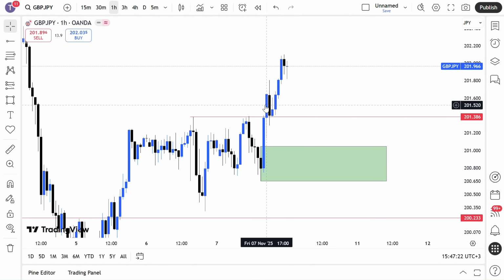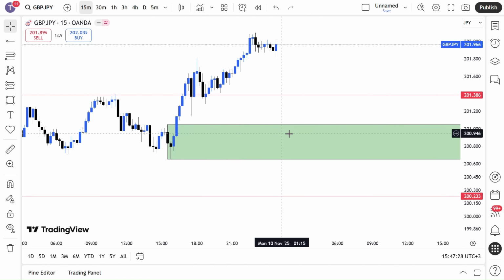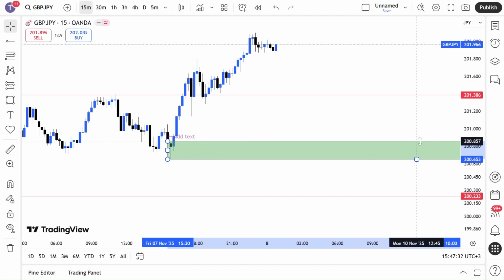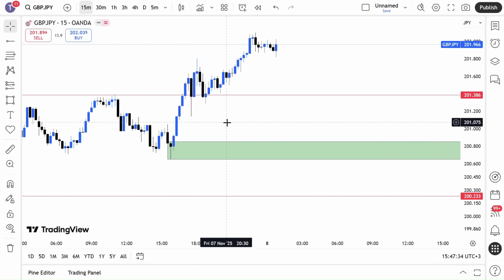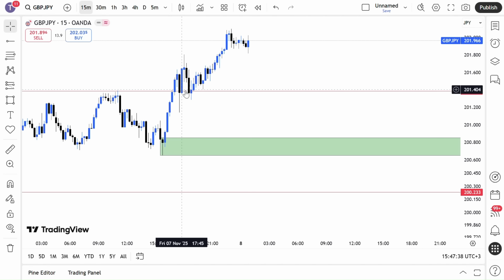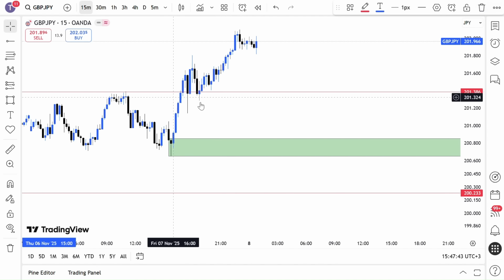The inducement is clearly seen from the 15 minutes time frame. So I'll drop into the 15 minutes time frame, and now I'll use this order block from the 15 minutes time frame. So this is my inducement just above the level, the major inducement, and we have a valid break of structure.